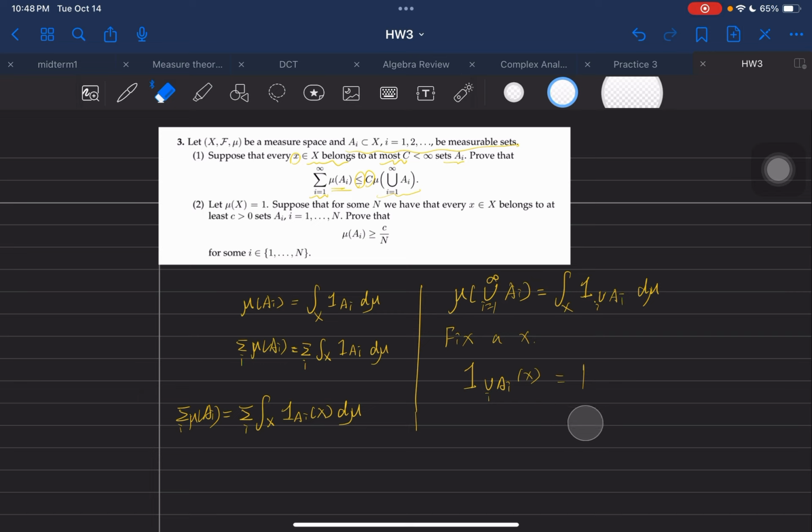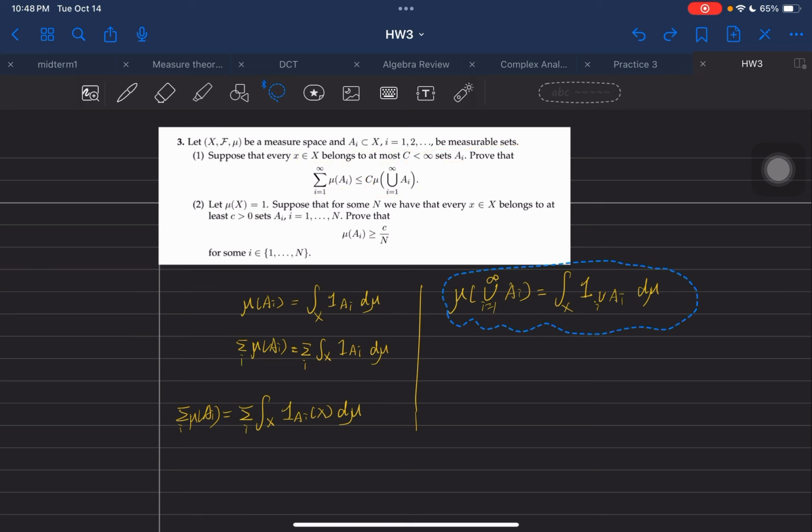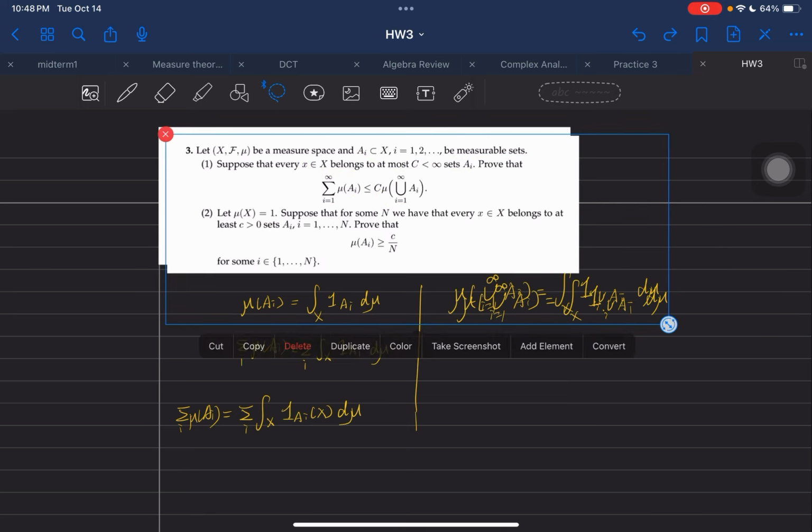So we can get a sense that if we raise it to C times the indicator function, then we can easily get the inequality. So we do the same thing by writing this. Let me just copy paste this thing.